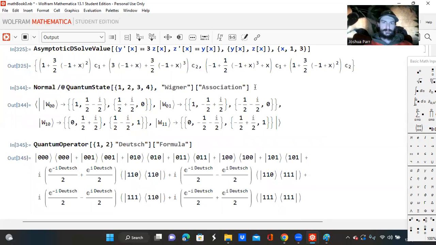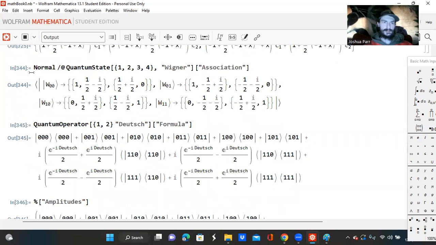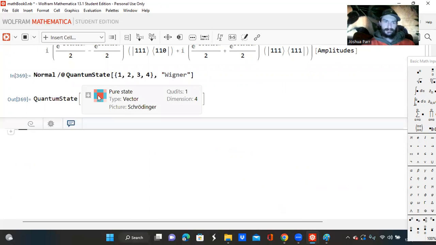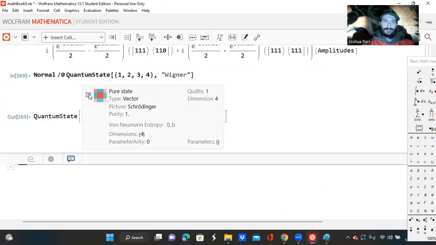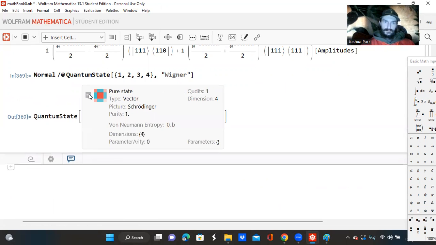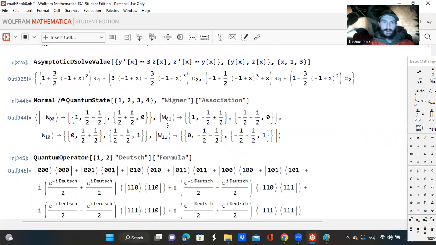All right. And then at the end here, I just had a couple of things, I'll show you what I was talking about. My pure state Schrodinger vector, quantum state 1, 2, 3, 4 for Wigner. The Wigner associations look like this: W 0 0.